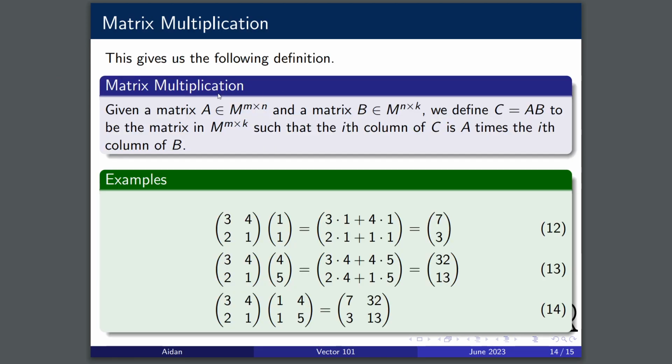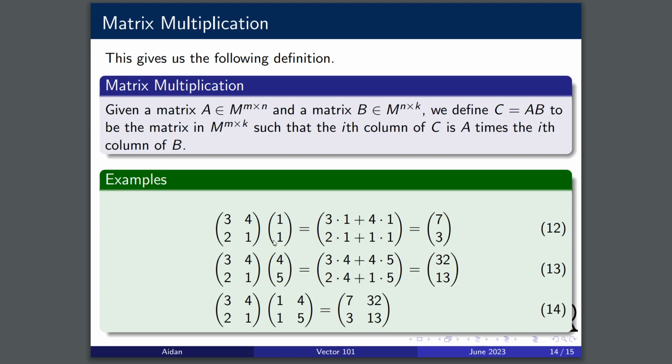So, given two matrices, A and B, the number of columns that A has has to be equal to the number of rows that B has. But as long as that's true, we can define their product as this matrix C. And it's going to be the matrix whose ith column is A times the ith column of B, just like we just did. So an example of this is, like here, this is a 2x2 matrix.